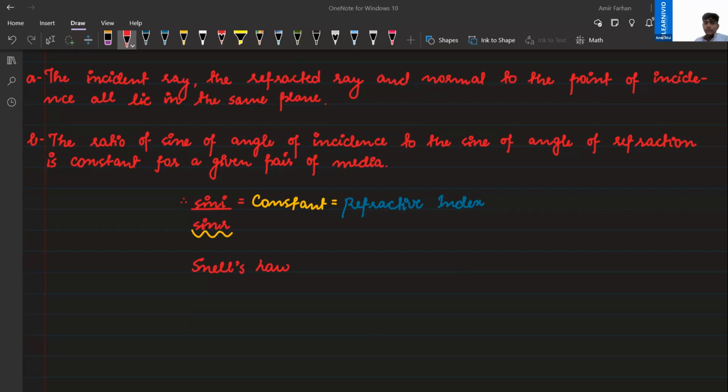The next class will discuss what is refractive index, how it depends, and all the things, and we'll do the numericals based on that as well. After this class, you have to go and check out the assessment as well.